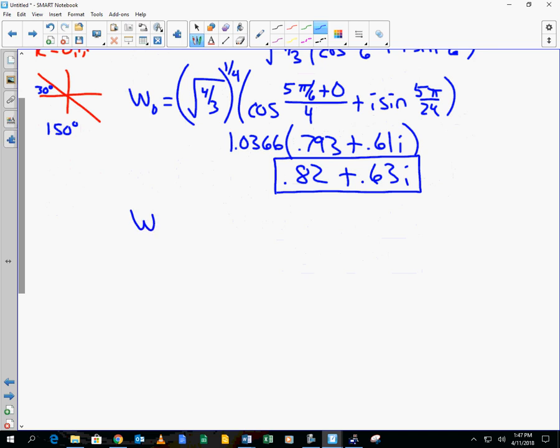We have then w sub 1 is equal to, what stays out front? Times the cosine of, so we just have to change the angle. 5 pi over 6 plus 2 pi is 17 pi over 6, divided by 4.